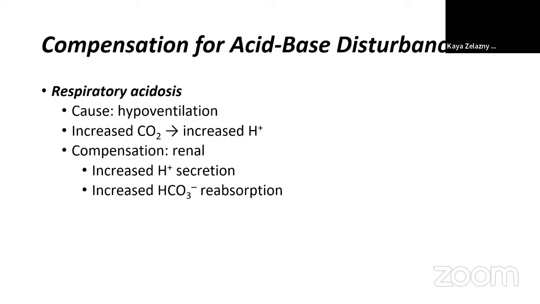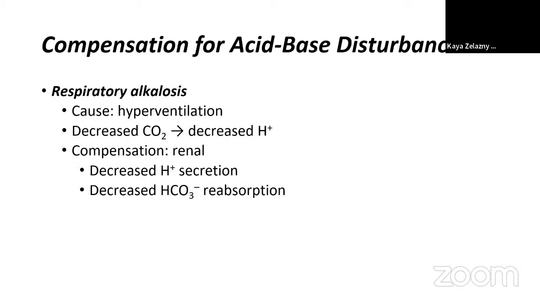So in the renal compensation methods, the way we can adjust for this increased acidity is to increase our hydrogen ion secretion. When we say secretion, right, we're moving it from our plasma, from our cells, into the filtrate, into the urine, and then we're ultimately excreting those hydrogen ions that have been secreted, so we're getting rid of them. We can increase our bicarbonate reabsorption or bicarbonate synthesis as well.